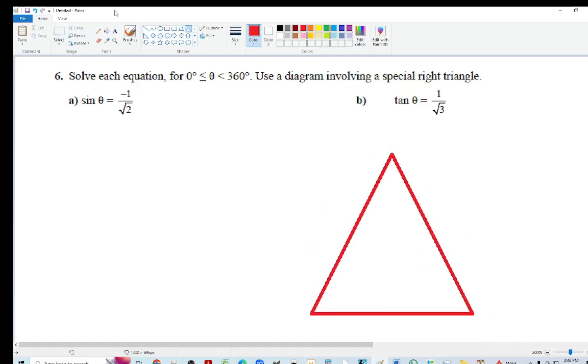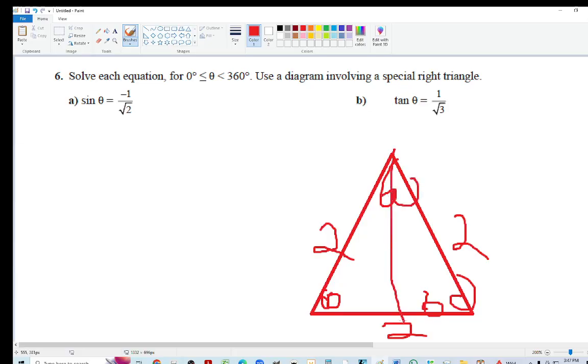How do we figure out the 60 degree? You draw a triangle that has equal sides, and you use 2. You know that if it's all equal sides, they're all 60. We're going to draw a line straight down. That changes this one side here to 1, and it changes this angle up here to 30.